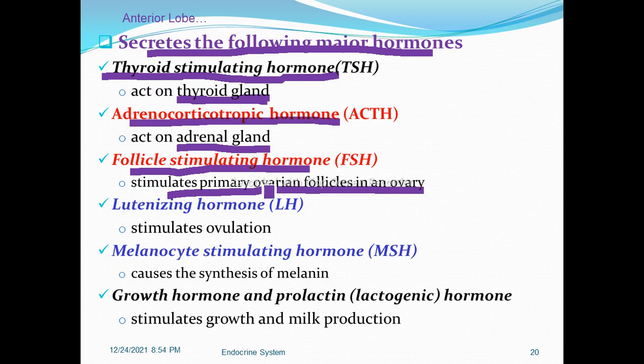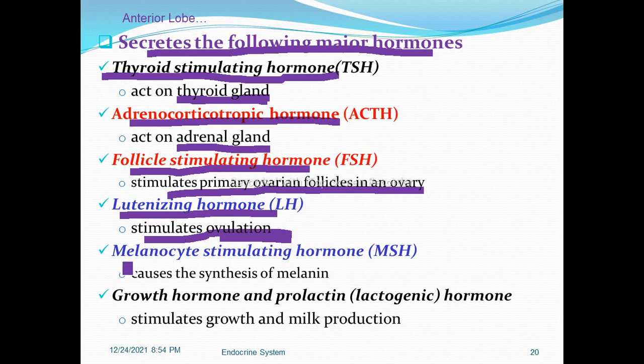So it controls this development. The fourth is luteinizing hormone, which is important for ovulation in the ovary. Around the 14th day there is ovulation, and this ovulation is controlled by luteinizing hormone.